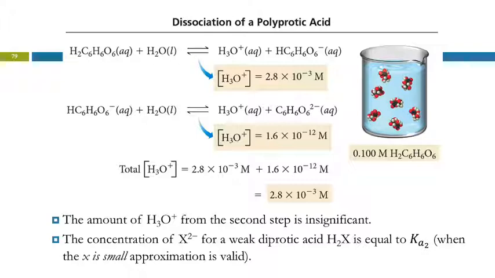So this is going over the dissociation of a polyprotic acid. So here we have this guy, and it loses one hydrogen ion and forms an anion, and so we can calculate the hydronium ion concentration from this first one. Then we see the second ionization, and you can calculate that, and we see that that is insignificant in comparison to the contribution from the first step.